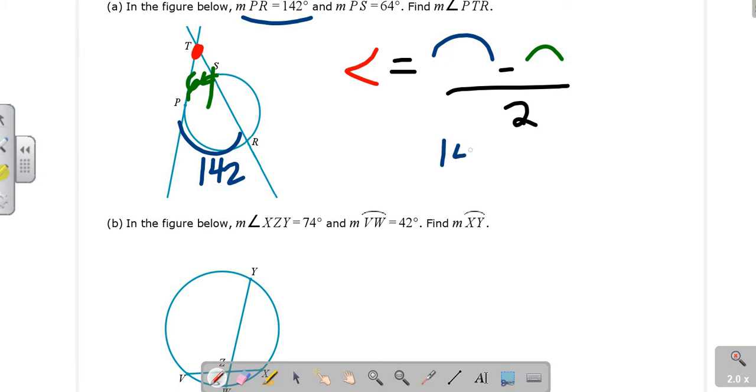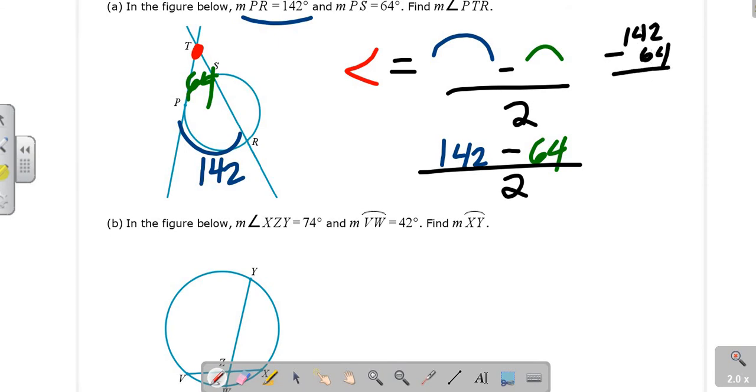So that's simply going to be 142 minus 64 over 2. Which means this angle back here is 39 degrees.